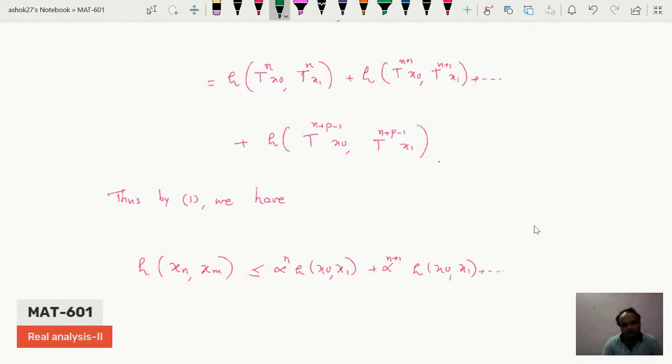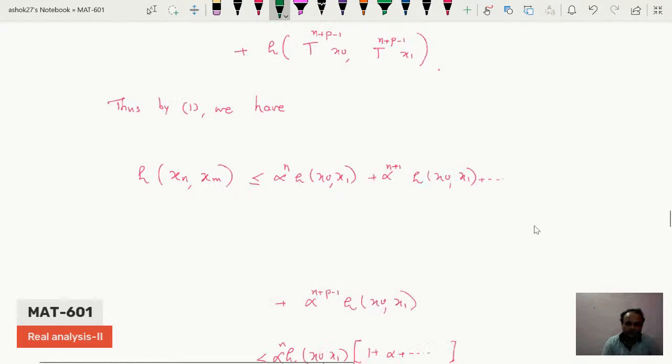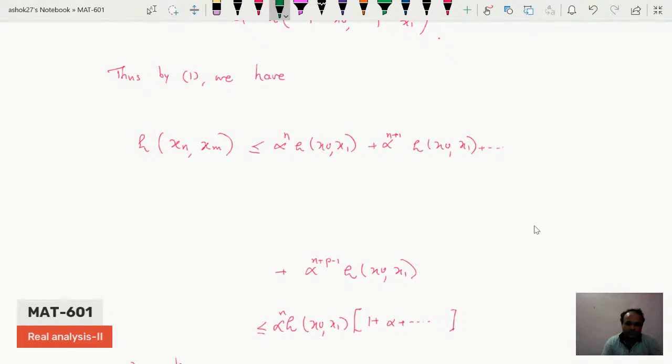Now what is rho of T^n x0 and T^n x1? It is less than or equal to alpha raised to n rho of x0 x1. Similarly, the next one is less than or equal to alpha raised to n+1 rho of x0 x1, and likewise. So we get rho of xn and xm less than or equal to alpha^n rho(x0,x1) plus alpha^{n+1} rho(x0,x1) plus up to alpha^{n+p-1} rho(x0,x1).